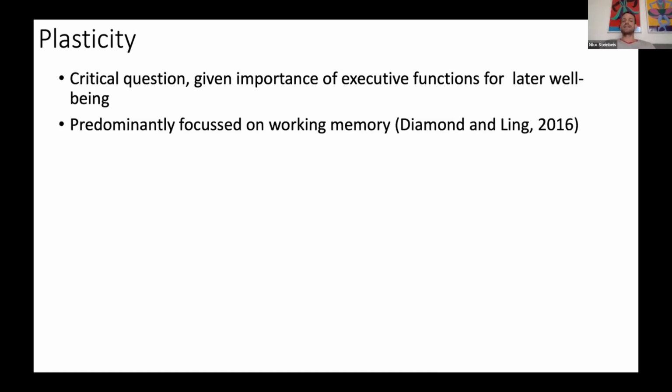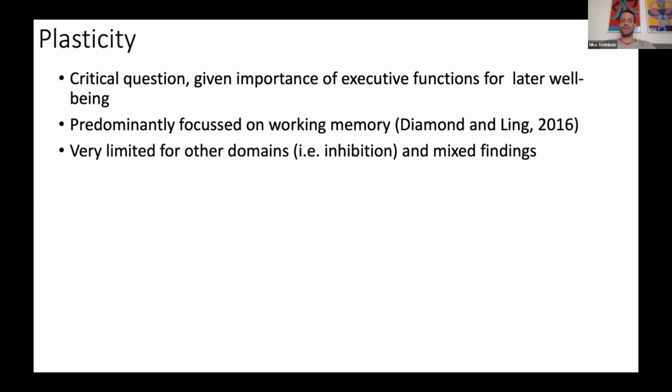Now, so far to date, most of the work and attempts to try and improve cognitive control have focused on working memory. So that's the ability to keep information in mind. If we relate this to keeping goals in mind, working memory is very important. If we keep forgetting what it is that we wanted to do, then we wouldn't be able to achieve it in the first place. So working memory plays a really important role in all of this.